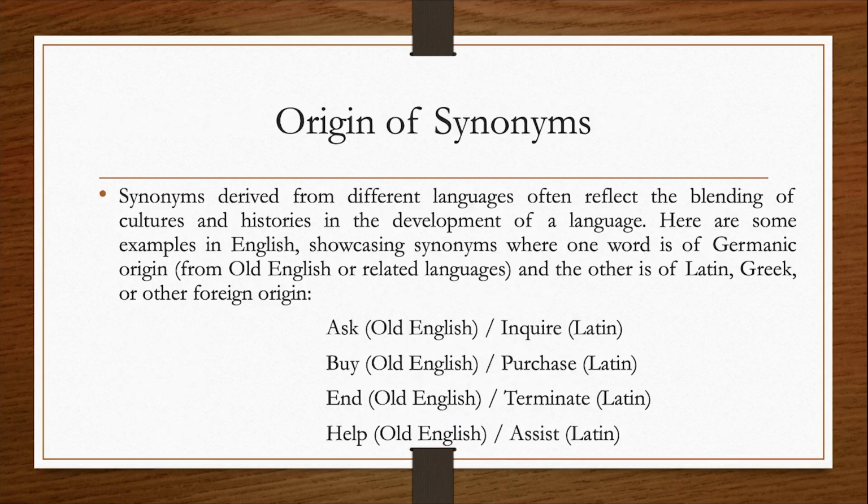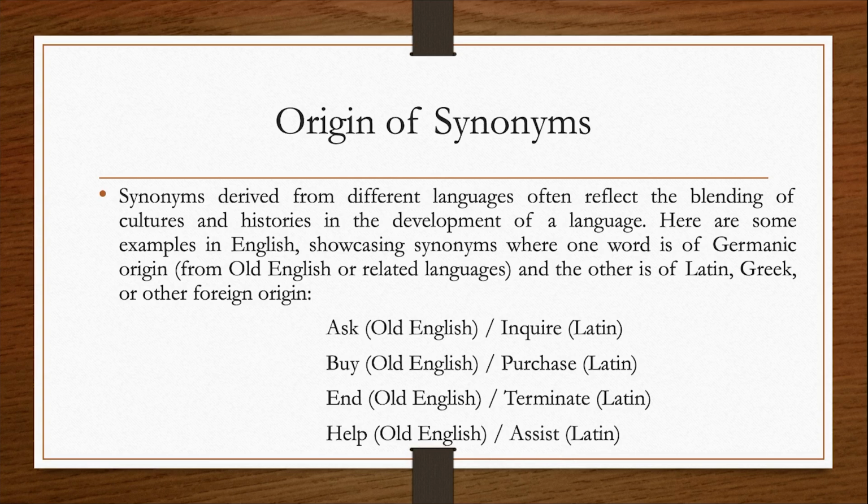Now, let's talk about the origin of synonyms. Synonyms derived from different languages often reflect the blending of cultures and histories in the development of a language. Here are some of the examples in English showcasing synonyms where one word is of Germanic origin from Old English or the related languages. The other is of Latin, Greek, or other foreign origin.